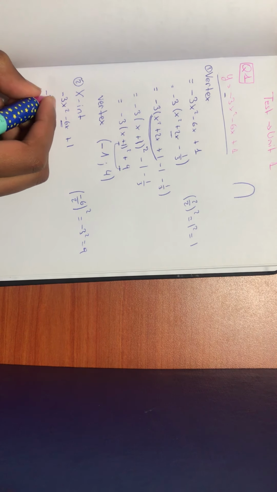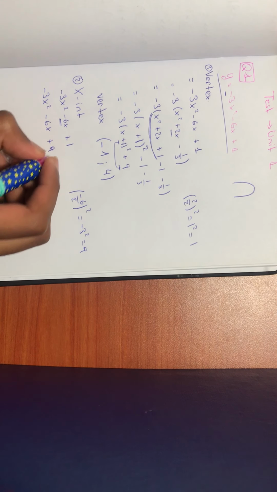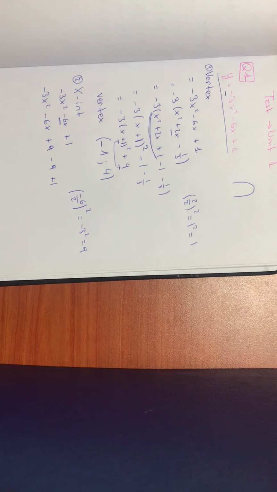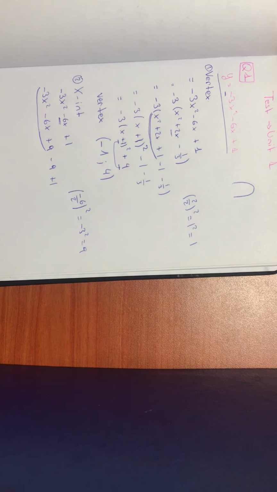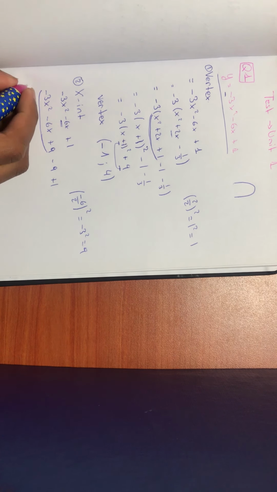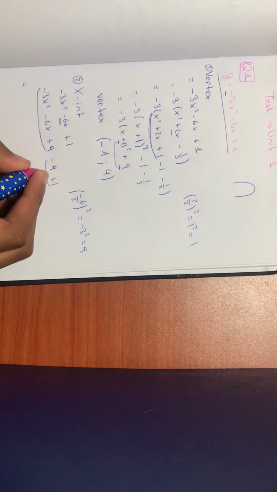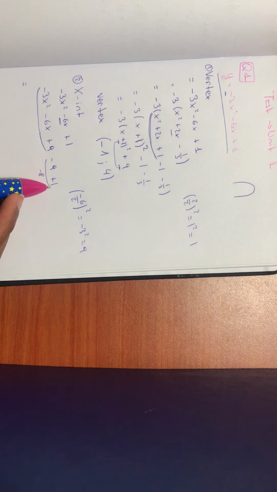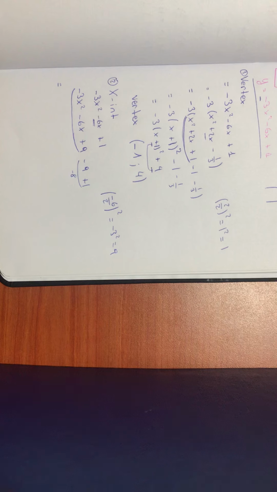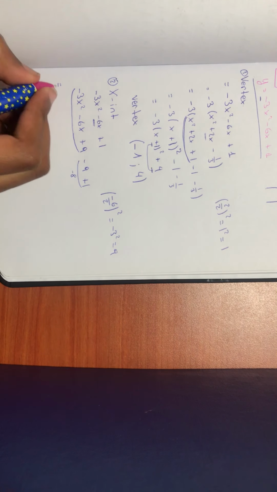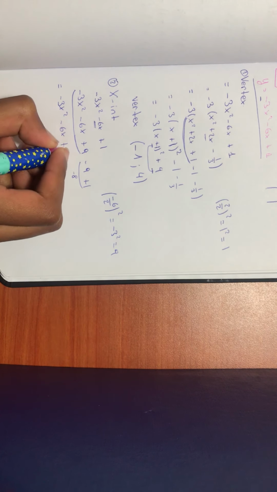I'm just going to rewrite it, negative 3x squared minus 6x plus 9 minus 9 plus 1. Once again, I'll be taking these three numbers. Remember, I'm just trying to factor it. I'm so sorry. And then this is going to be negative 8 because minus 9 plus 1 is negative 8.